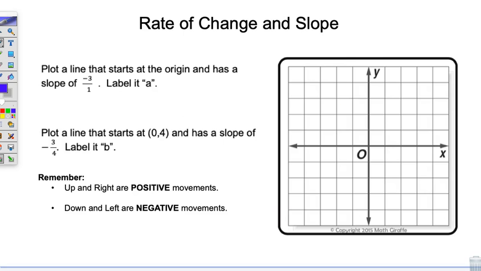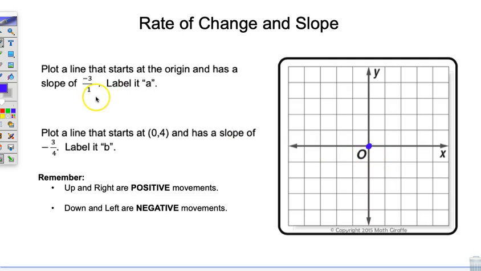Okay, so now we can put these things together and go ahead and learn how to graph some of these lines. So in this first one, it says plot a line that starts at the origin and has a slope of -3 over 1, and we are to label it A. From our previous lesson, we learned that the origin is right here. So when it said we need to start there, I'm going to go ahead and make that our first point.